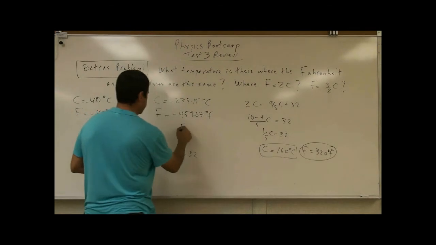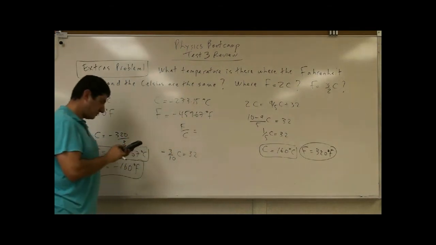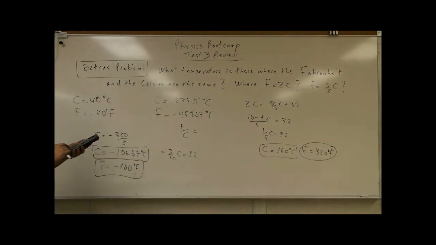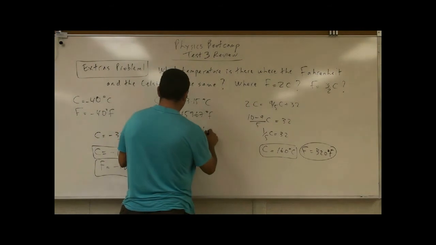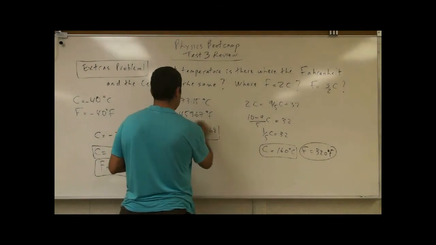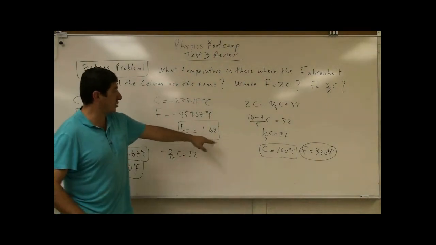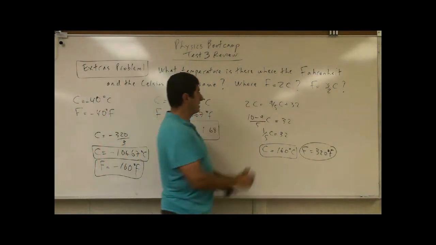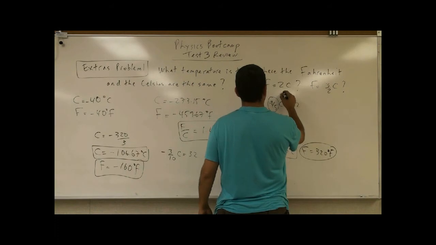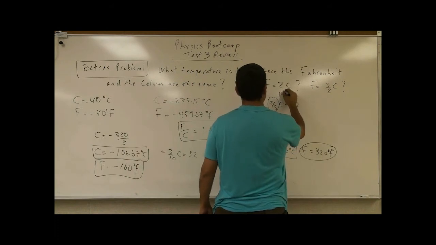What's the ratio between the two? If you divide F by C, you get about 1.68. Notice this is a ratio that is less than 9/5. 9/5 is a ratio of 1.8.